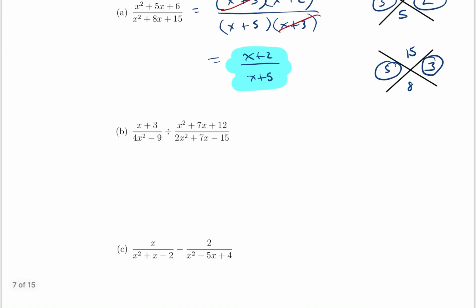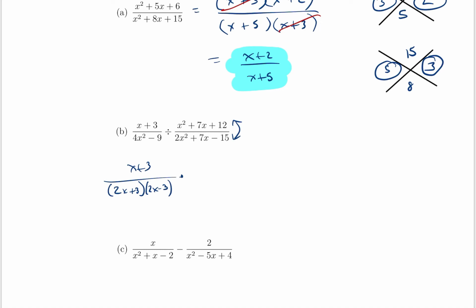All right, the next one, let's see, we have x plus 3 in the numerator. Here we have a difference of 2 squares. That's going to become 2x plus 3, 2x minus 3. And then the division becomes multiplication, and then we have to flip the second fraction. We multiply by the reciprocal.